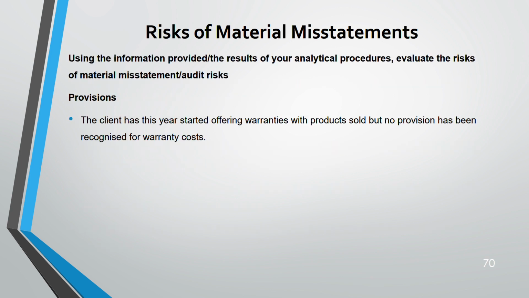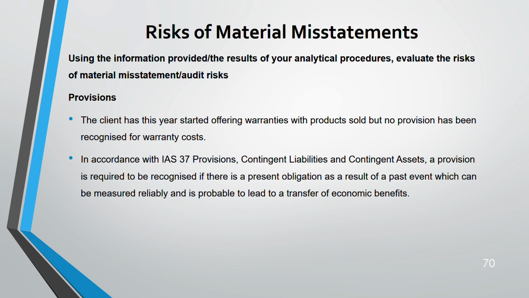Provision is another area. Let's say the client has this year started offering warranties with products sold, but no provision has been recognized for it. What happens? According to IAS 37, you have to recognize a provision when there's an obligation.